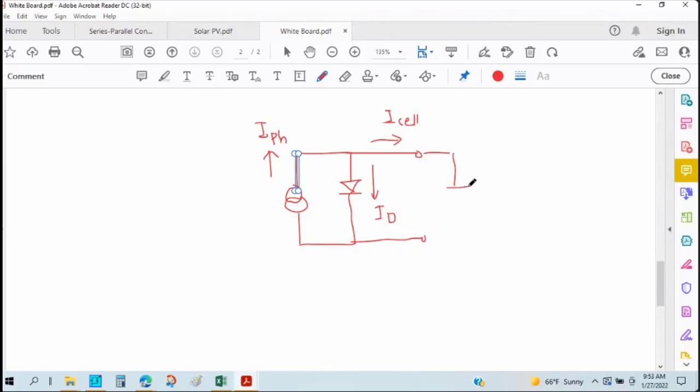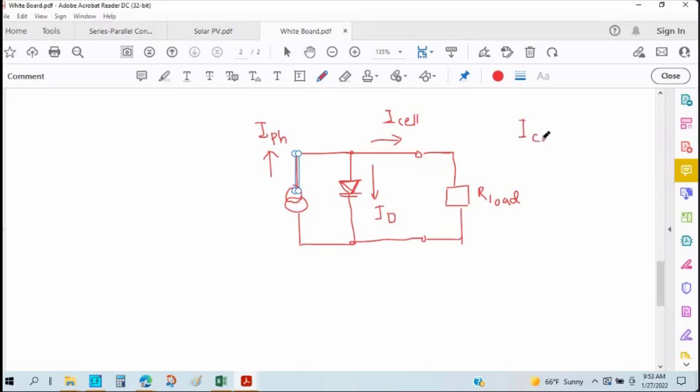That means if we connect a load here, IPH is the photocurrent that the solar cell will be generating, and some amount of current will flow internally, and we can consider it equivalent to a diode. Let's think that the current flowing through the diode is ID. So what will be the current that we will get from the solar cell?